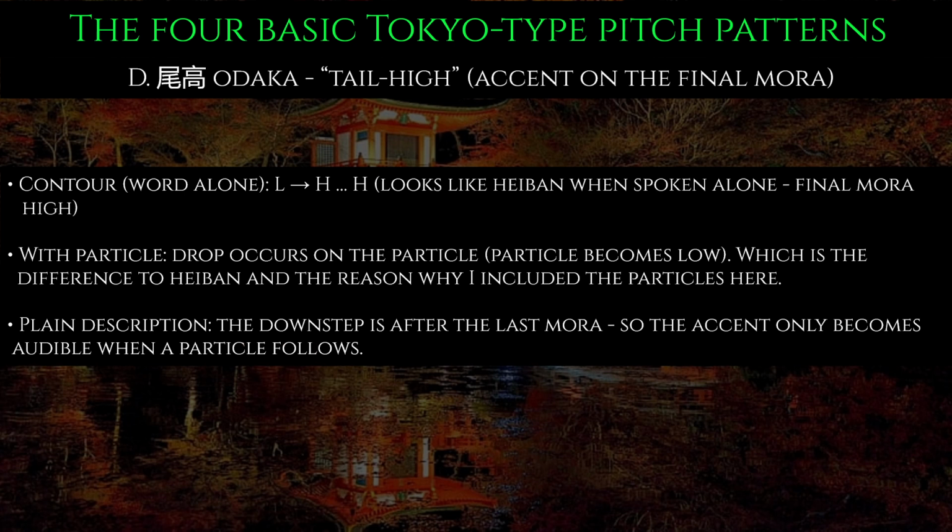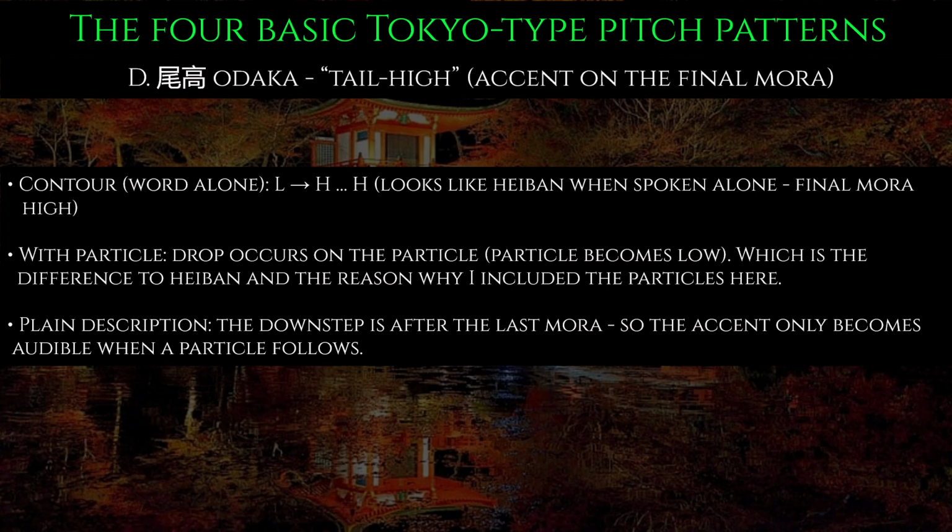And lastly the odaka, which means tail high, and the accent is on the final mora. So now the contour, word alone. Like heiban, we're starting low and then we're having high all the way till the end. So it looks like heiban when spoken alone, with the final mora being high.